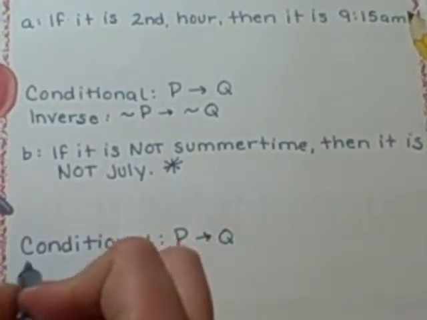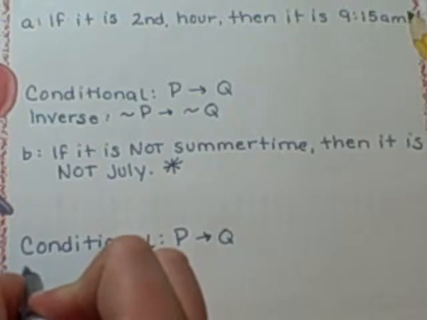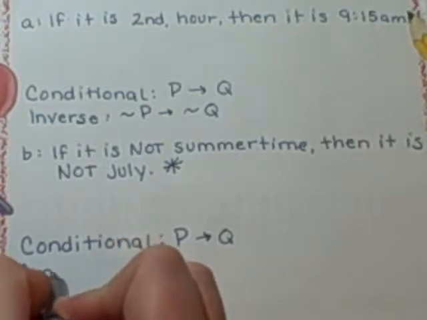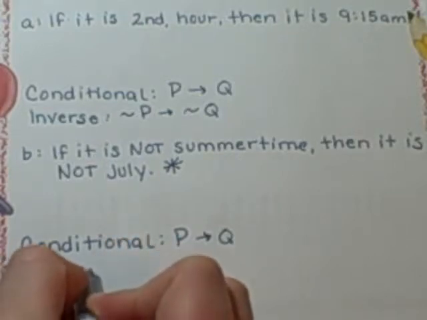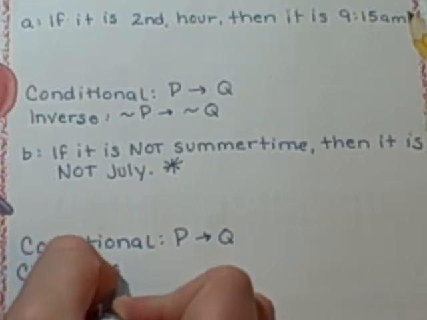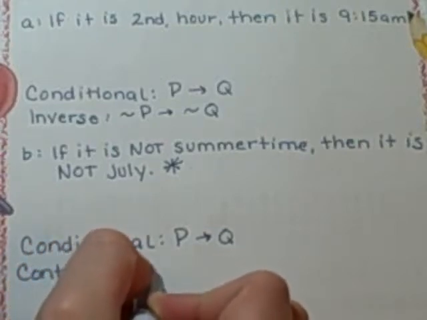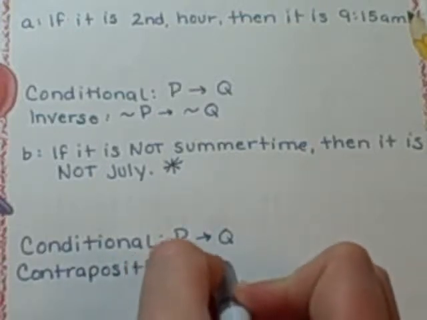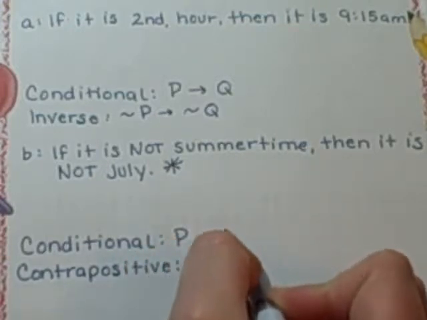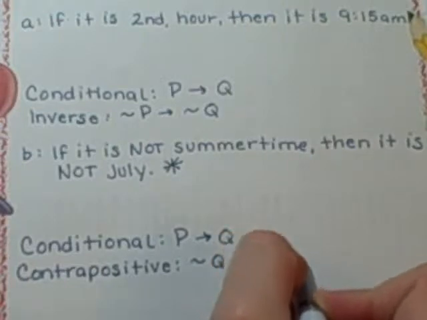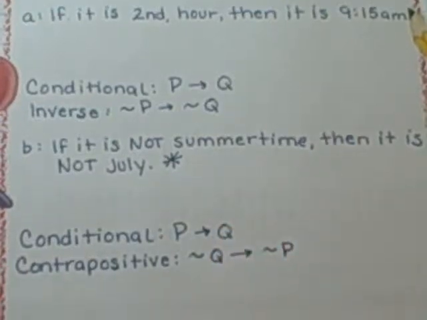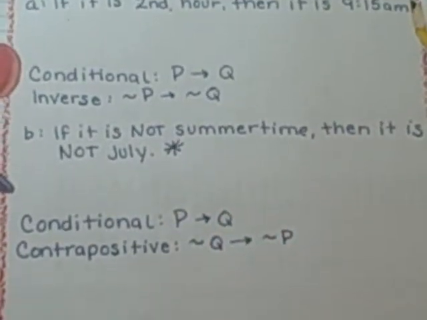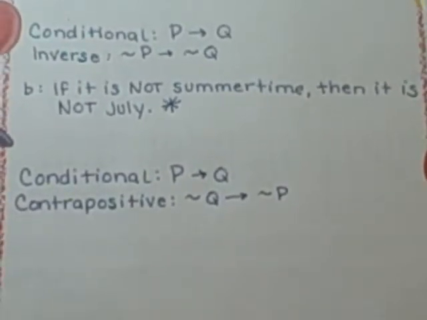The contrapositive is sort of like the converse and the inverse put together. So it would be not Q and then not P. This time I'm reversing the order and I'm negating both parts of the statement.